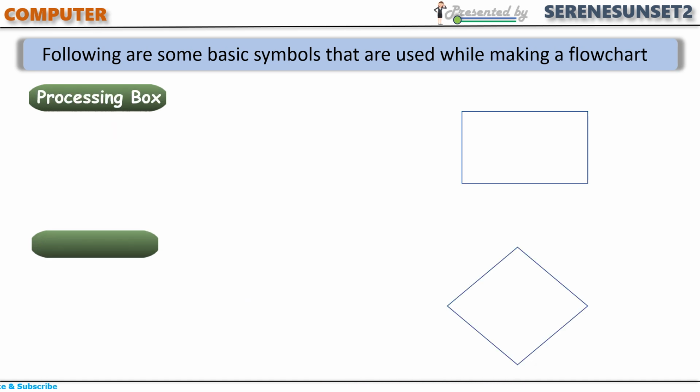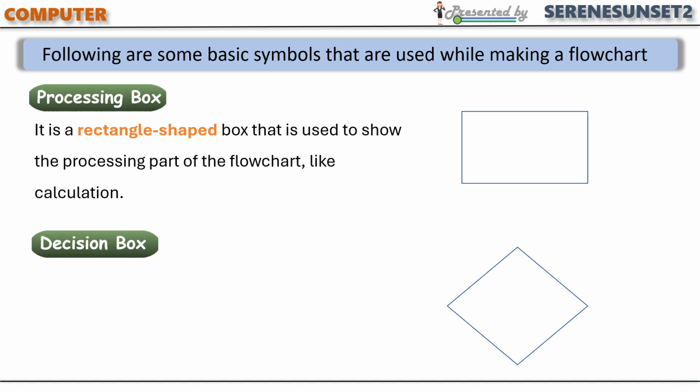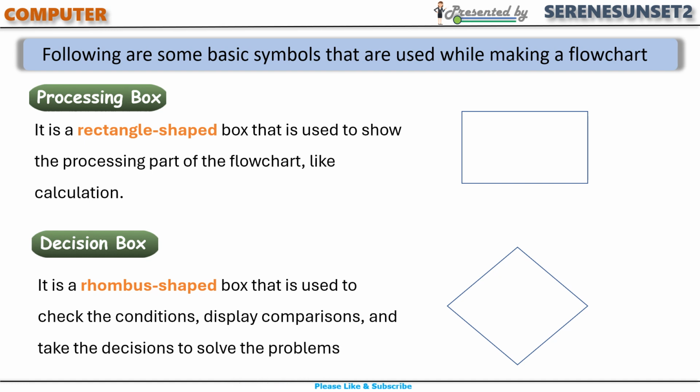Processing box. It is a rectangular-shaped box that is used to show the processing part of a flowchart, like calculation. Decision box. It is a rhombus-shaped box that is used to check the conditions, make comparisons, and take the decision to solve the problems.